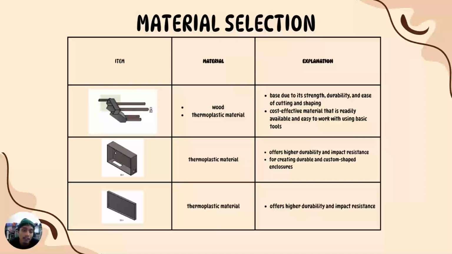For the box, which is the bottom box and the cover, both will use thermoplastic material, which is 3D printing. As we know, this material can give higher durability and impact resistance, and can create a durable and custom-shaped enclosure.